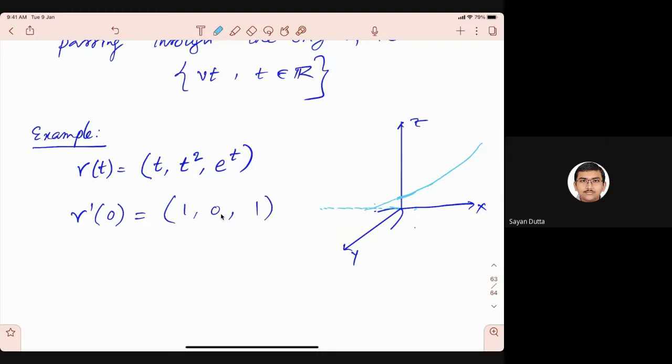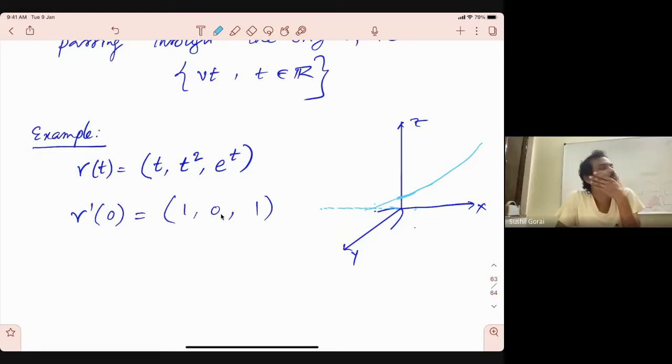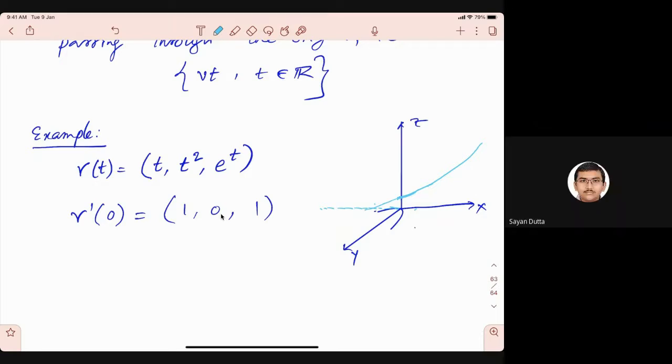Sir, just a small thing. Is it okay to say that the curve that this set of points t, t square, e to the power t will generate is what you get when you draw e to the power x on a plane and then you fold the plane in the form of a parabola? Like it's a flexible plane segment, and you bend it so that it takes the shape you get if you take a parabola and lift it out of the plane.